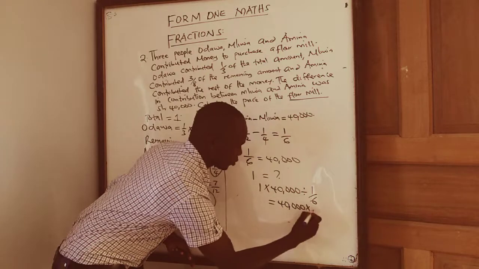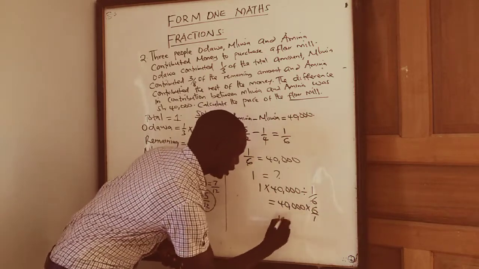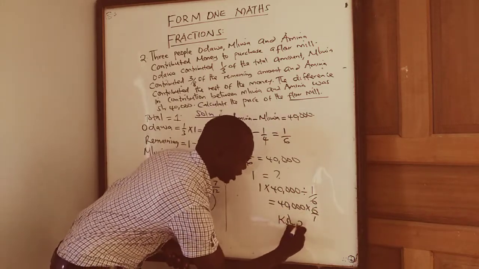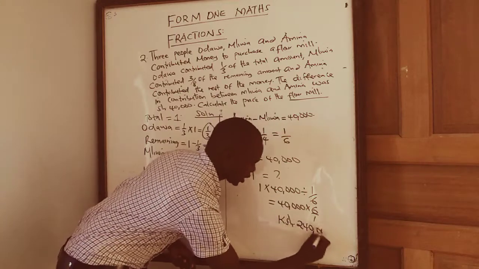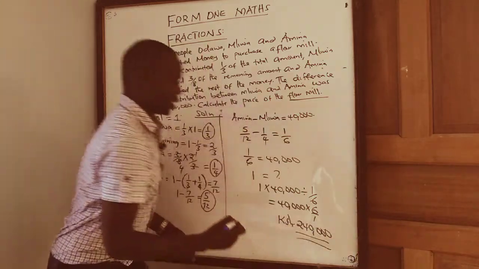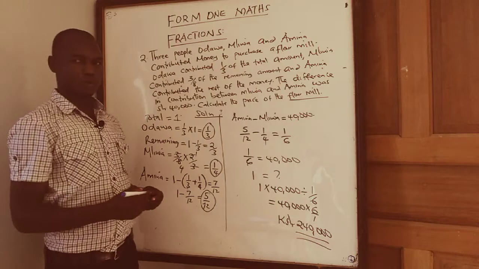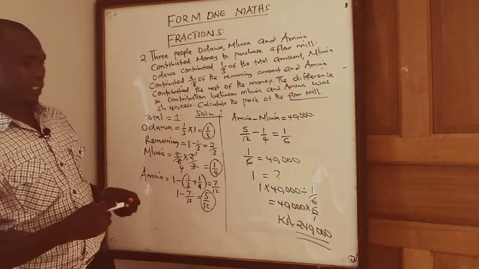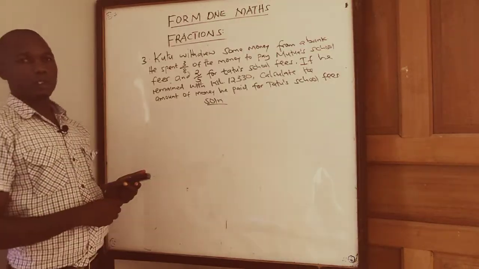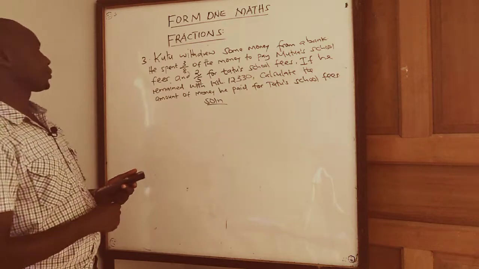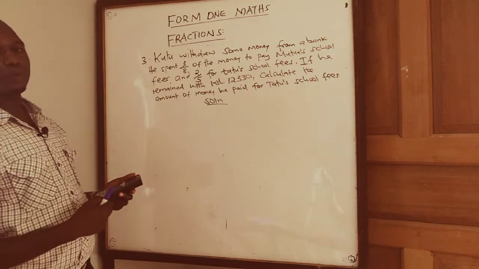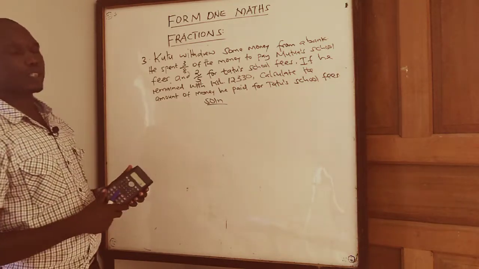Then we take the reciprocal, there is going to be 6/1, and the total amount here is going to be 240,000, and that is the answer to this question. Going to our question number 3, which is again a word problem, but under fractions.